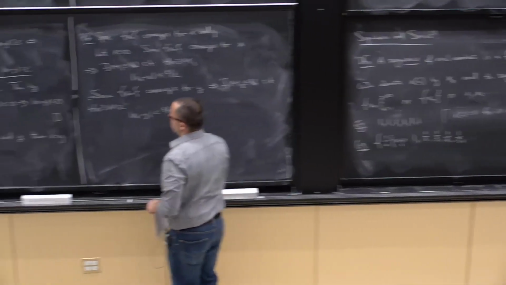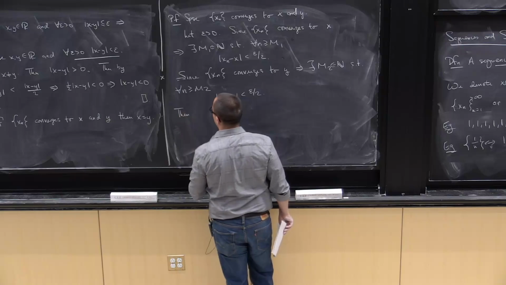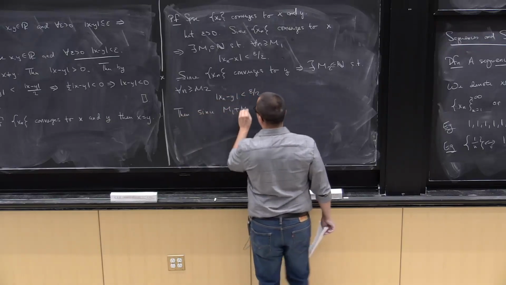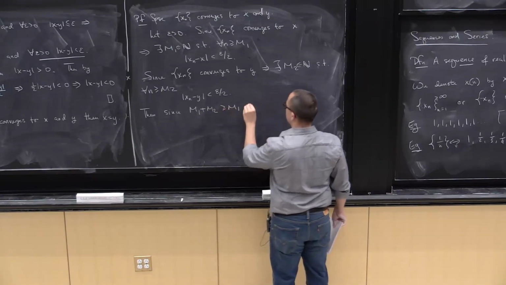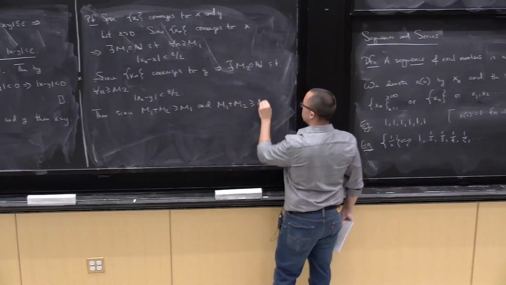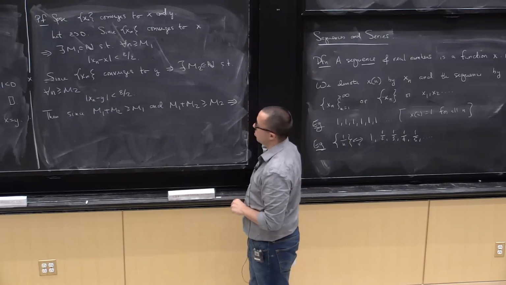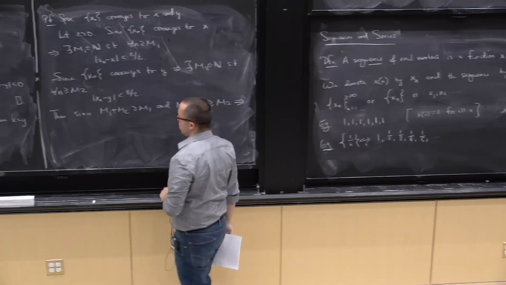Then, since m1 and m2 are both natural numbers, m1 plus m2 is bigger than or equal to m1 and m2. This implies, now I'm going to use these two inequalities and the triangle inequality.